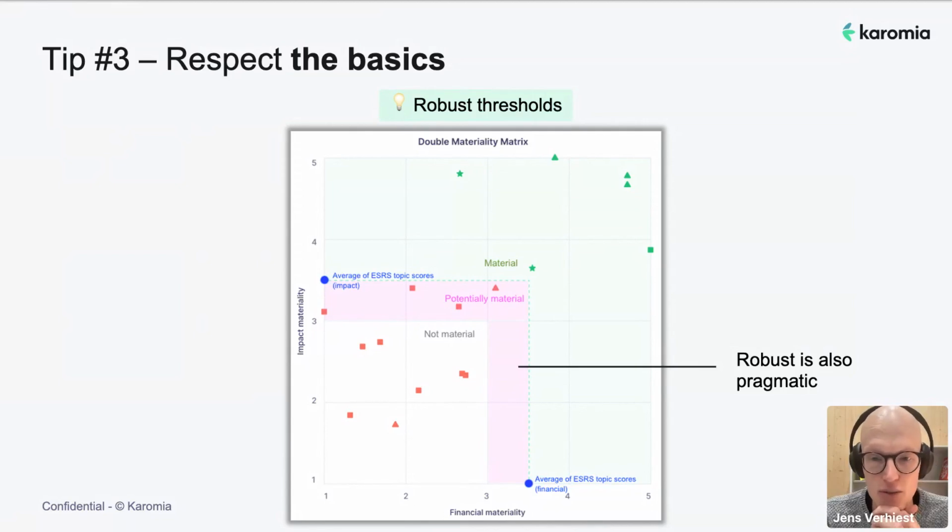But how we do it is first we define what we consider the absolute threshold. And the absolute threshold for us is the average of all the ESRS topic scores. So if you get the scores aggregated to a topic level, the average of all those scores is what we consider the absolute threshold.